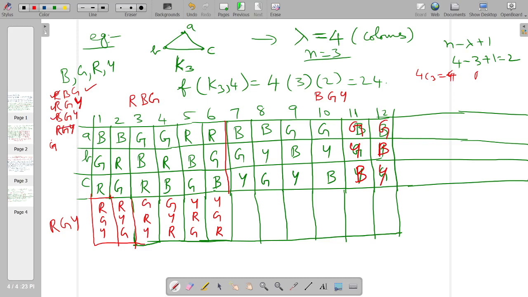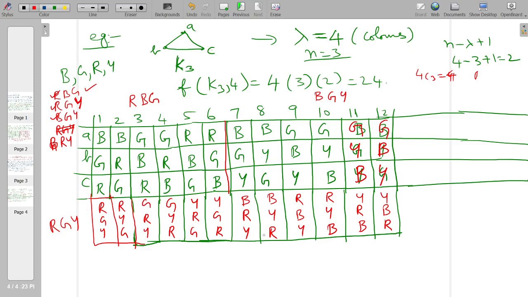The next one would be blue, red, yellow; blue, yellow, red; red, blue, yellow; red, yellow, blue; yellow, red, blue; yellow, blue, red. So here I get 24 different colorings.